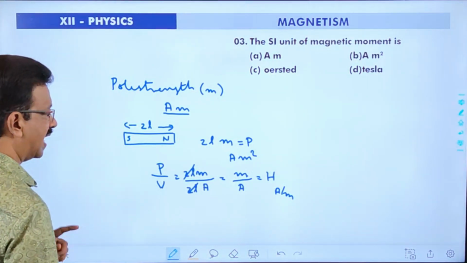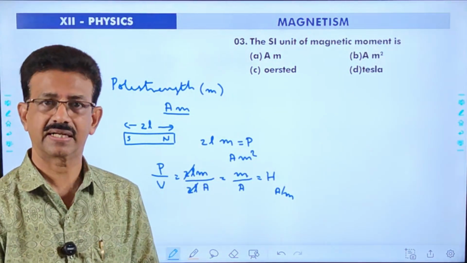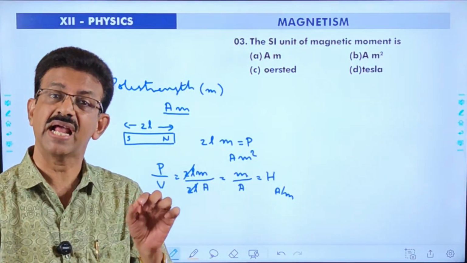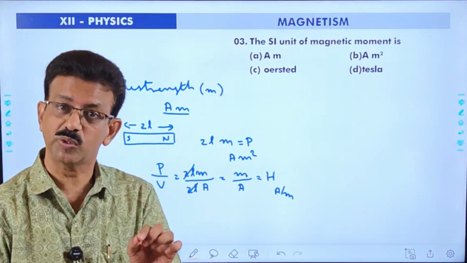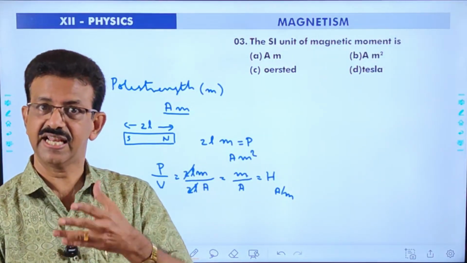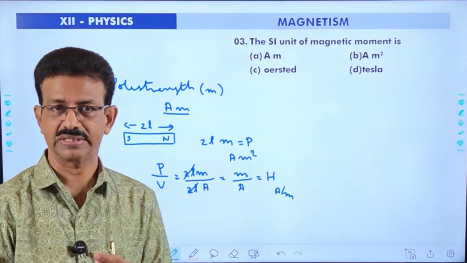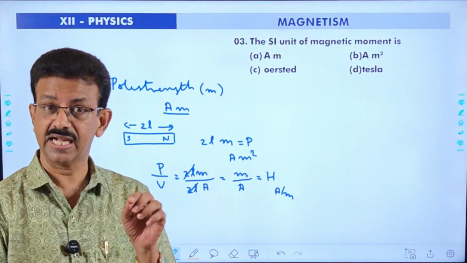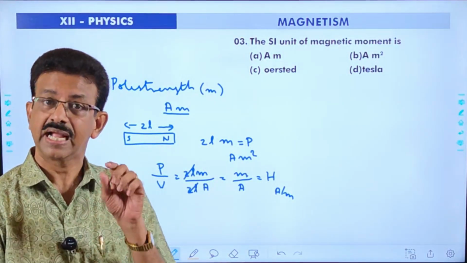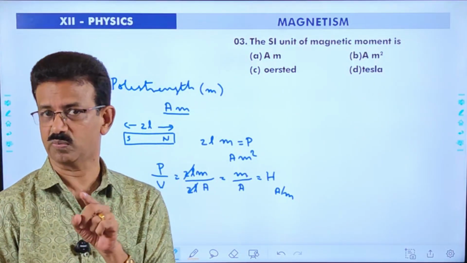Now, about the field lines of a bar magnet. The path followed by an isolated unit north pole in a region around a bar magnet, that's the definition of a line of force. A line of force originates from the north pole and passes through the south pole.